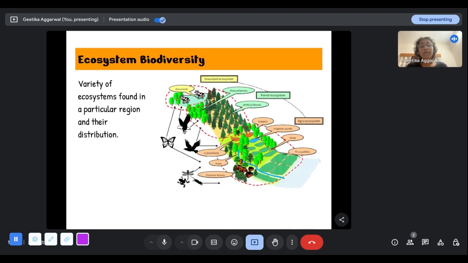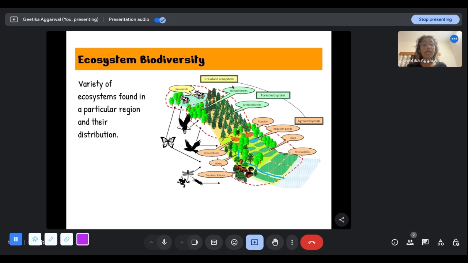Coming to ecosystem biodiversity, it is the variety of ecosystems that are found in a particular region and what is their distribution, right? So the variety of ecosystems found in a particular area and what is their distribution. For example, in this diagram you see that there are many different ecosystems.